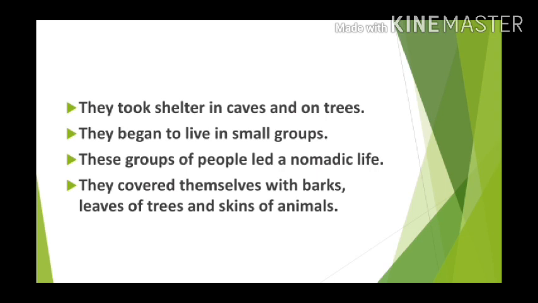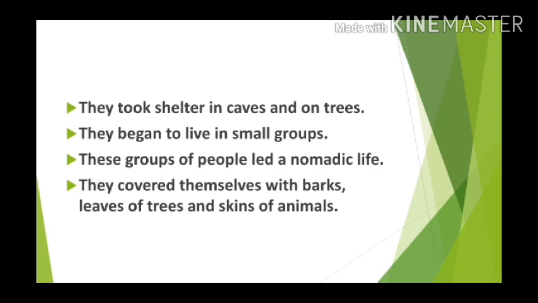The Paleolithic humans began to live in small groups. Living in groups helped them in hunting big animals like elephants. This is also because people knew that their weapons were not strong enough for them to go hunting alone. So they started hunting in groups.